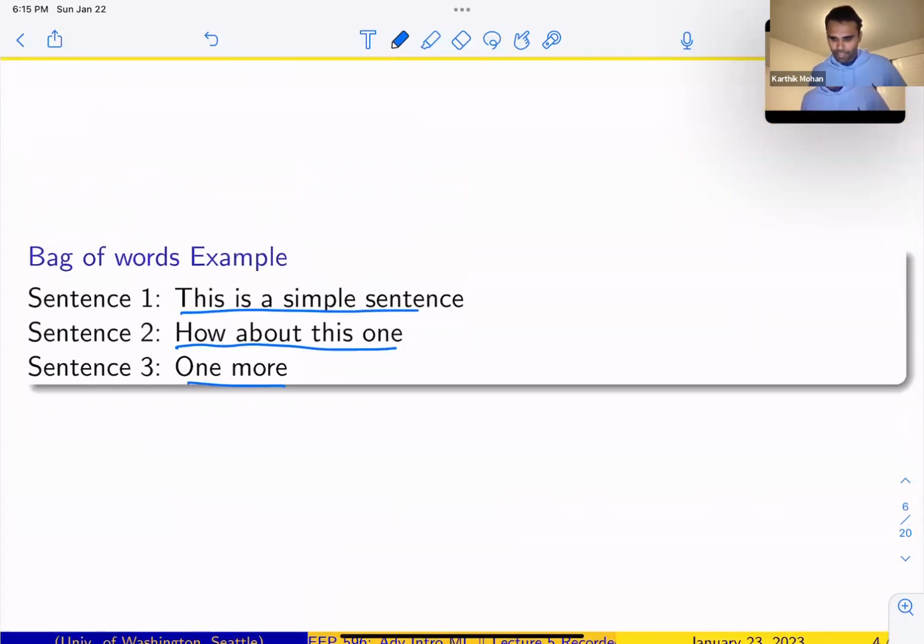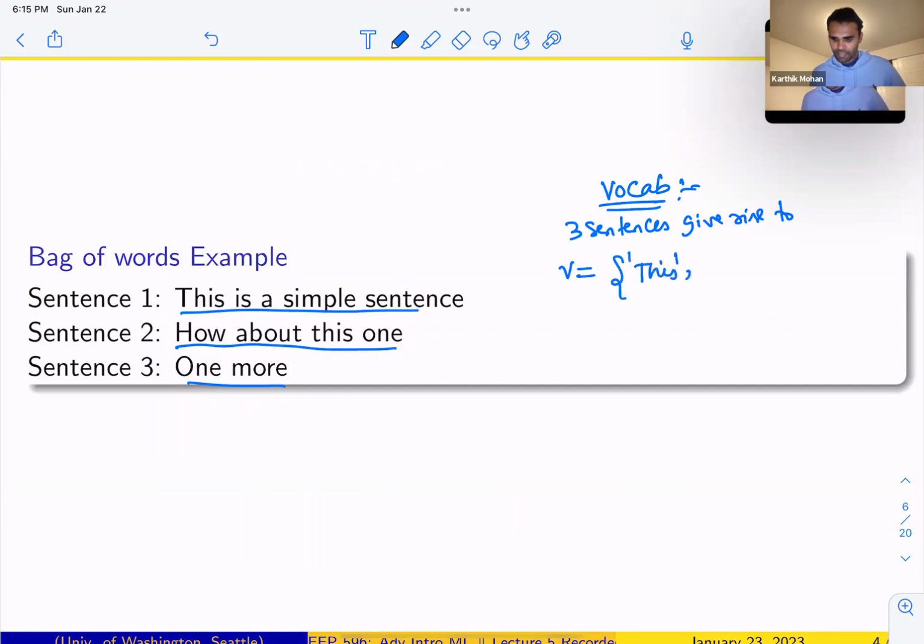So if you look at the vocabulary here, vocabulary is the set of all words. So 3 sentences give rise to a vocabulary that has this, is, a, simple, sentence.